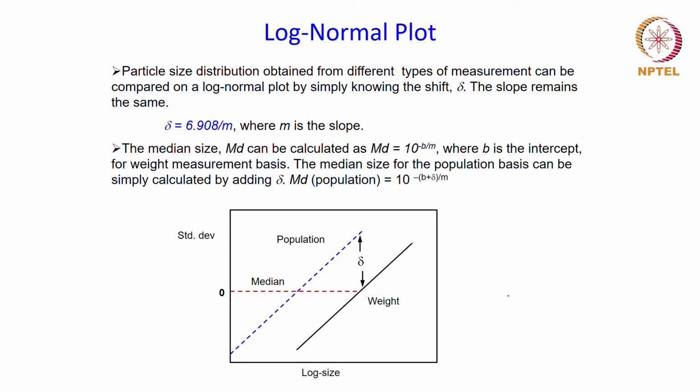It will give you a straight line, the plot between standard deviation and the log size. And now, in order to compare the data collected using different bases, this is what you can do. You can simply note what is this delta, or what is this difference between these two plots, that is it.